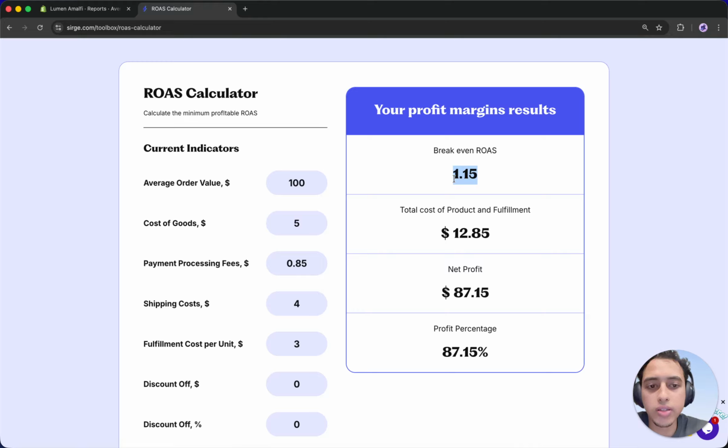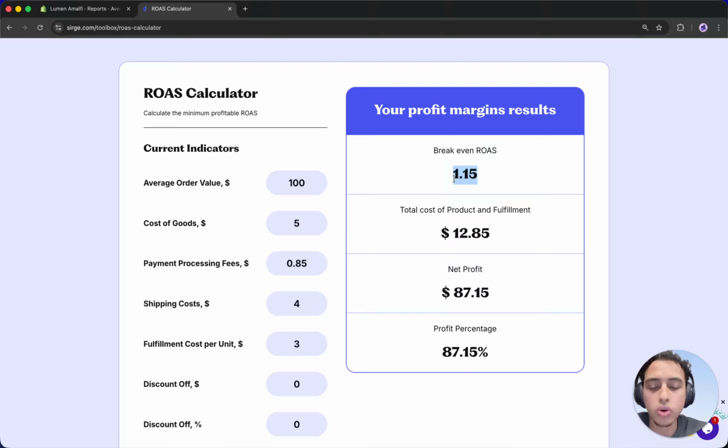If any of our ads are performing above that number, then we can start to scale those ads. This just gives you an idea of what your break-even ROAS is, because you need to understand that to have your marketing dialed in. That way, when it comes to optimization, you know which ads to churn off and which ads to keep on.